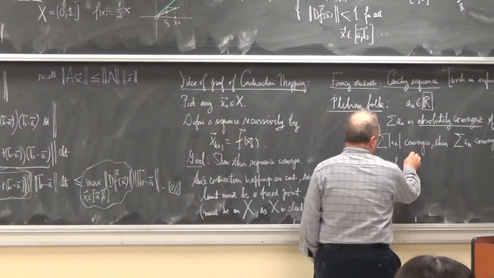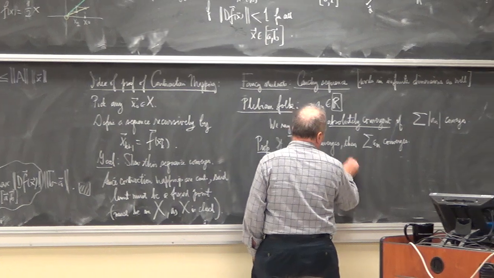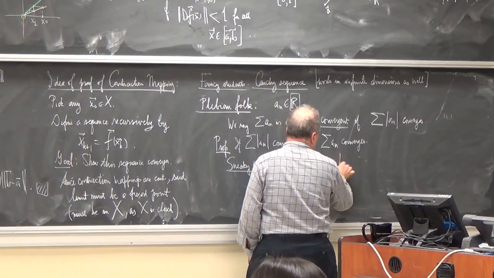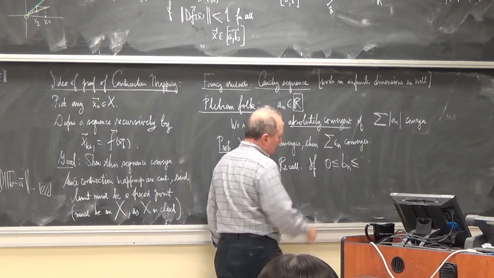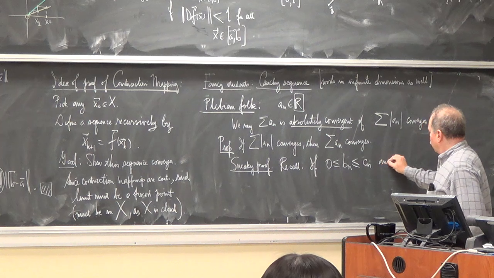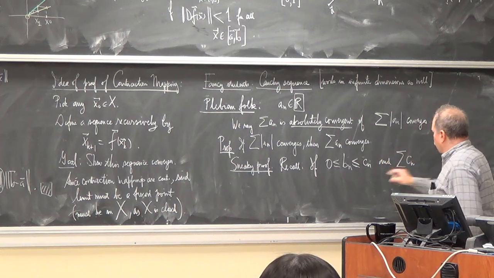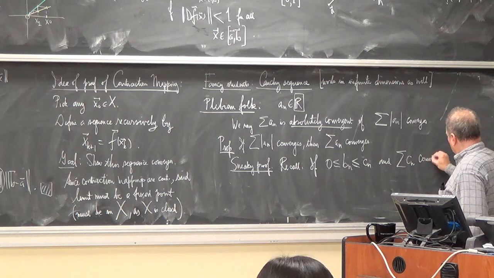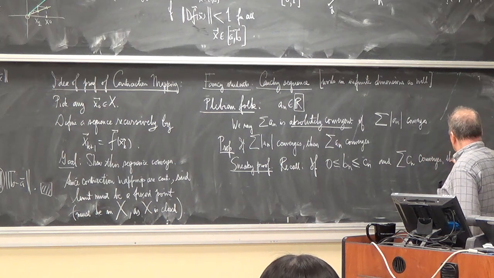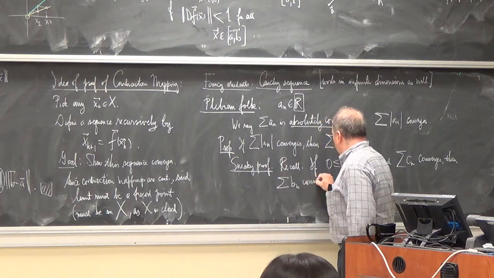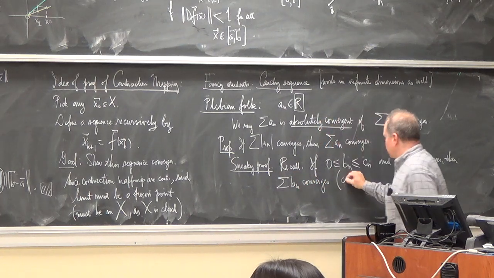So recall, if you have a series of non-negative terms b_n bounded above by c_n, and the series of c_n converges, then the series of b_n converges. This is called the comparison test.